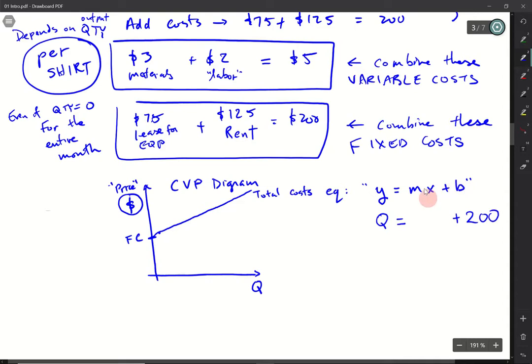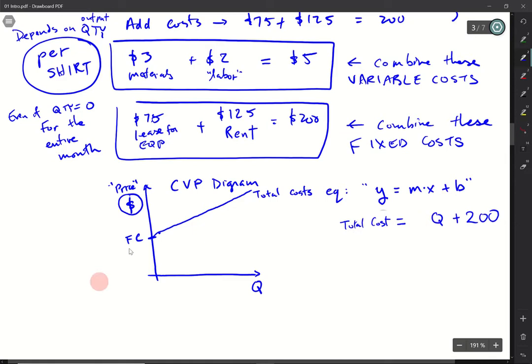Right, because we're going to do something times Q plus B. So when Q is 0, when we sell no units, whatever M is, even though we don't know what it is, if Q is 0, that's going to wipe it out.